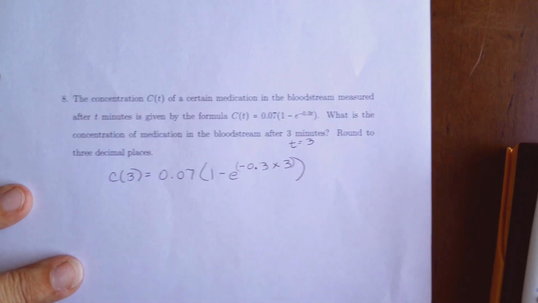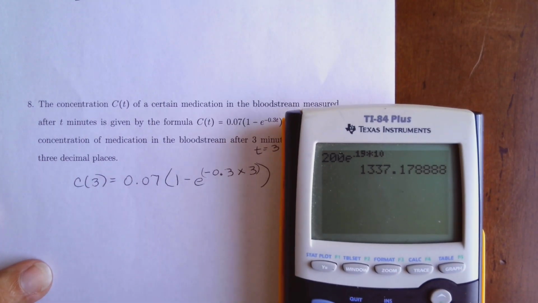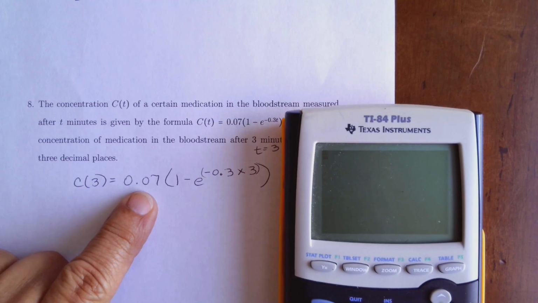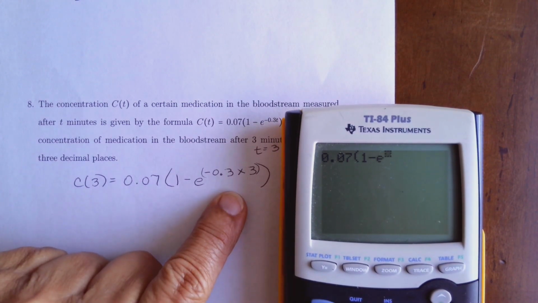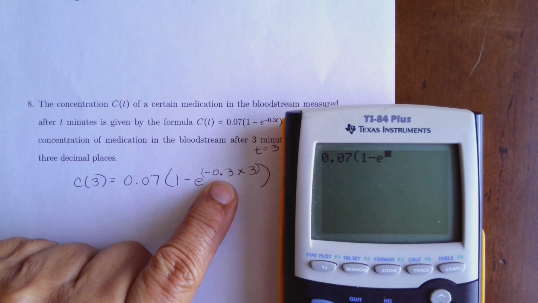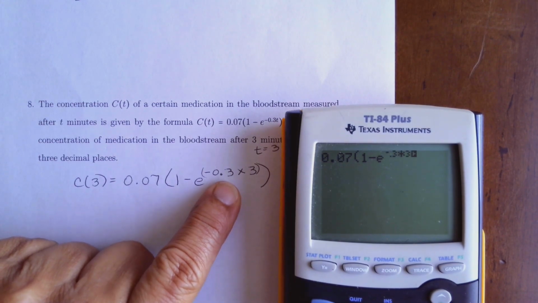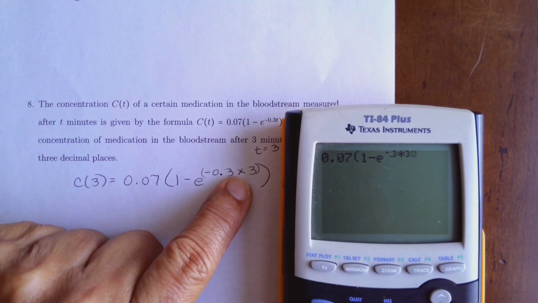So just be careful how you put this in your calculator. Okay? All right, so we're going to do 0.07 parentheses 1 minus e, second ln. Okay, and now we've got negative 0.3 times 3. You can make that negative 0.9.